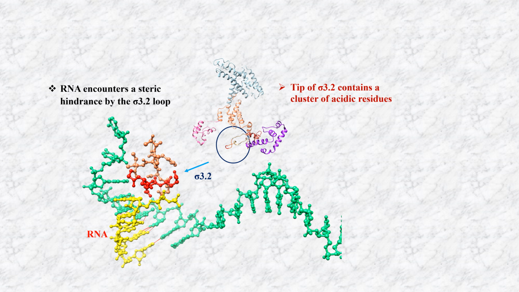So, there is charge repulsion between this cluster and the 5' phosphate of the RNA. The charge repulsion and the stress associated with DNA scrunching force the polymerase to synthesize short pieces of RNA and prevent it from escaping the promoter, that is, moving beyond the promoter vicinity. This is abortive initiation.